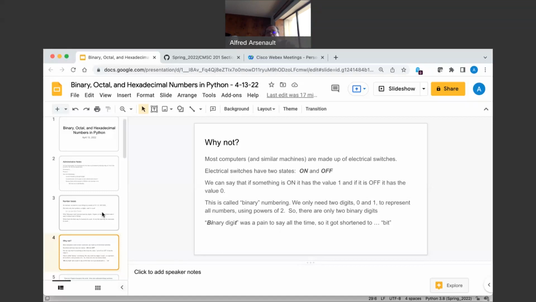The light bulb is on or off. It's a magnetic north pole or a magnetic south pole. The voltage is +5, the voltage is -5. All of these are relevant in computing in the hardware case. And so we simply adopt the convention that if something is on, it has the value 1, and if it's off, it has the value 0.